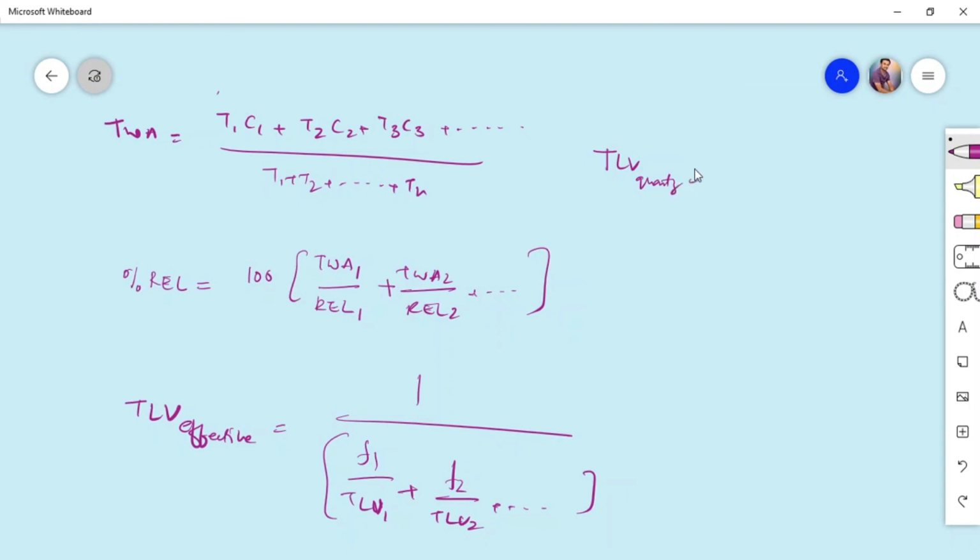These values are already there; this formula is in our Factories Act Schedule 2, at the end of it: TLV for quartz equals 10 milligram per meter cube divided by percentage of RQ plus 2, where percentage of RQ is the mass percentage of respirable quartz dust. Similarly we have a formula for a mixture of quartz, cristobalite and tridymite. You can find that formula in the Factories Act as well. By using these very simple formulas, if you do a couple of sums, you will understand how to calculate the TWA of a mixture.